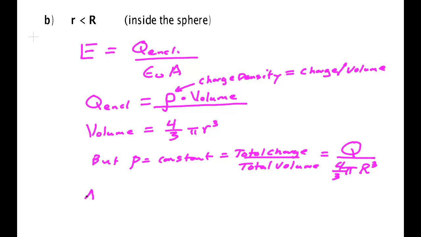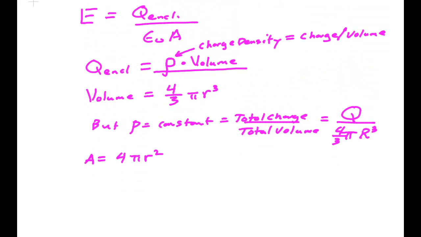I also know the area of my Gaussian surface. It's 4 pi r squared. So I know the area of the Gaussian surface, I know the volume of that surface, and I can calculate the density by taking the total charge over the total volume. So I know this. I can plug everything into the formula now and find the answer for my electric field. So let's see what happens, because we get a really interesting result.